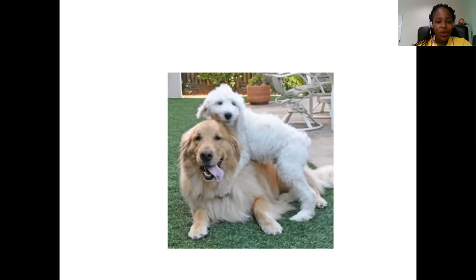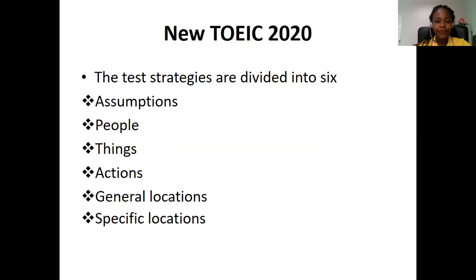So we've answered what are they, where are they, how they look like, and the action. The action, you can say sticking out the tongue, that's one action. The small dog is playing with the other dog. Those are some of the statements that will answer the question on action.